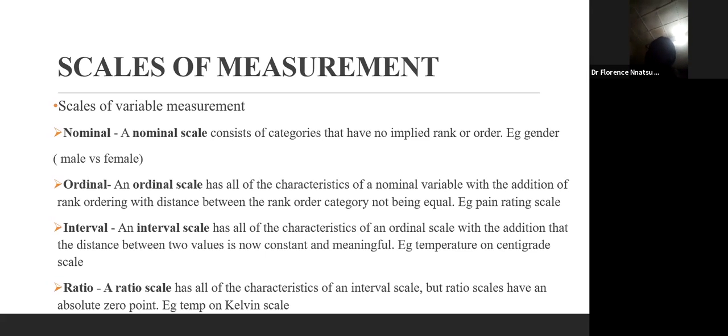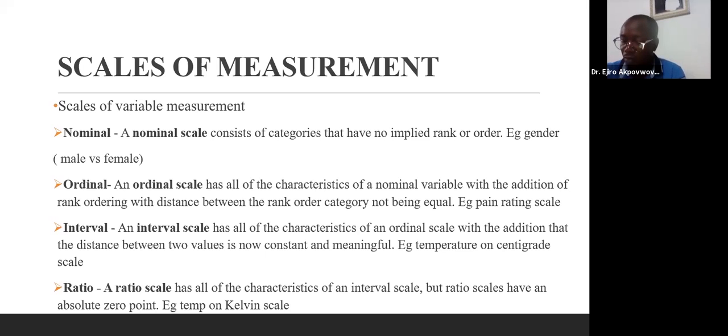Equally, like the services we render as pharmacists, how satisfied are the patients with pharmaceutical care? Are they very satisfied or satisfied? Are they neutral or unsatisfied or very unsatisfied? You can use those scales to measure those parameters.